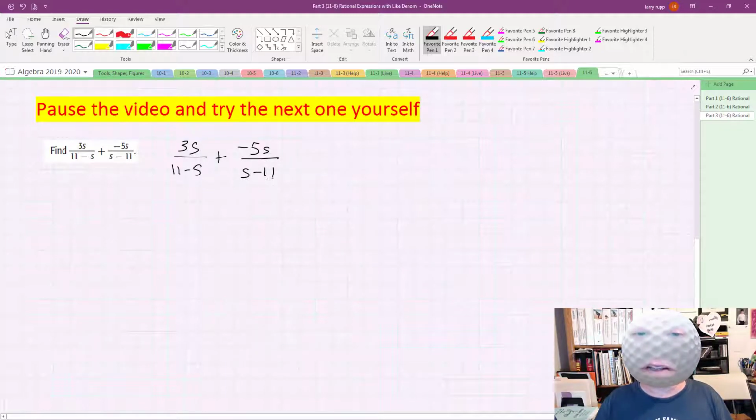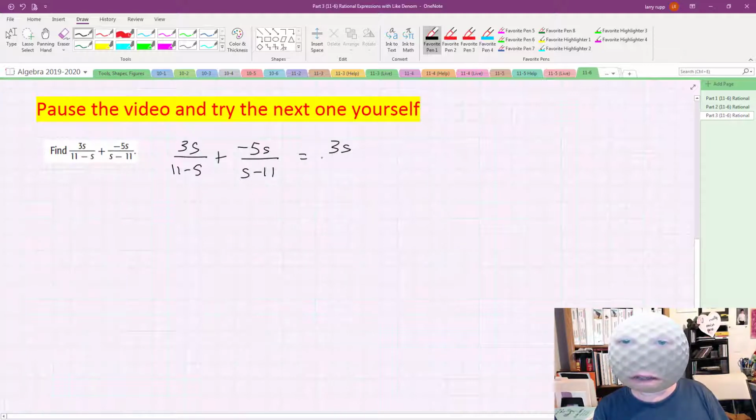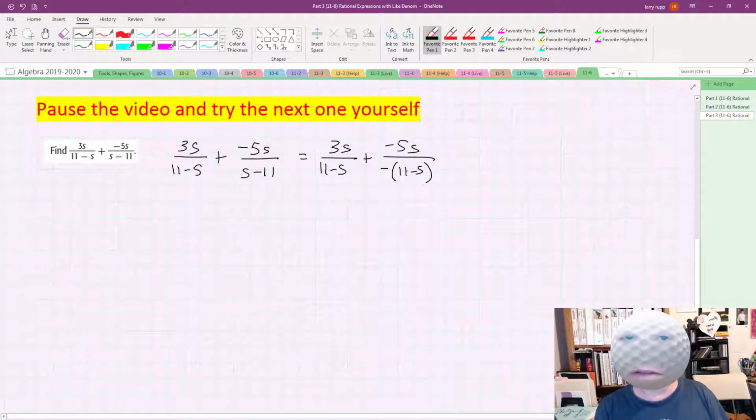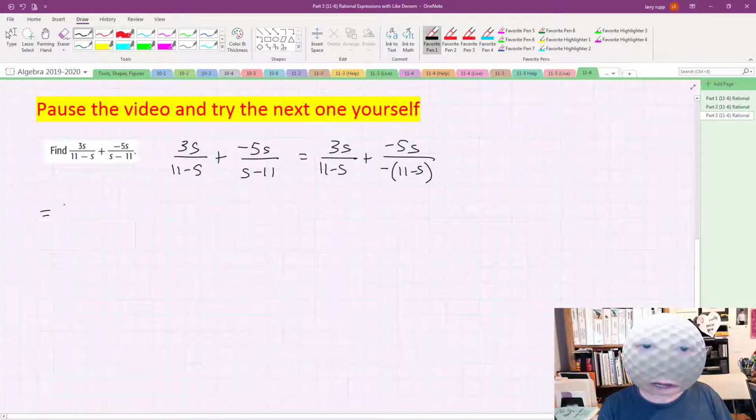All right, so we need to change this s minus 11 to 11 minus s. In other words, we need to change it to an inverse, okay? So here's how we do that. We have 3s over 11 minus s, okay, plus negative 5s over negative 11 minus s, okay? So now this becomes 3s over 11 minus s.